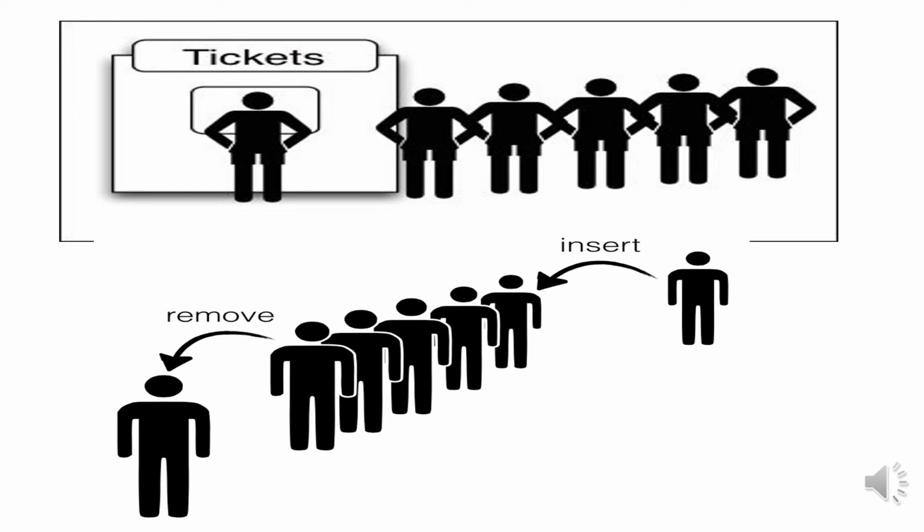This is our daily life example. Queue for a ticket: in this queue, whoever is inserted first is removed first. Insertion takes place from the rear end and deletion takes place from the front end, that is, insert and remove.